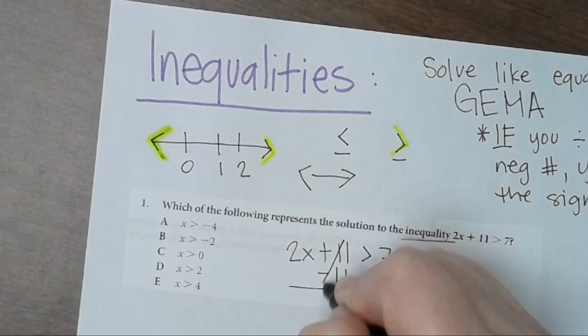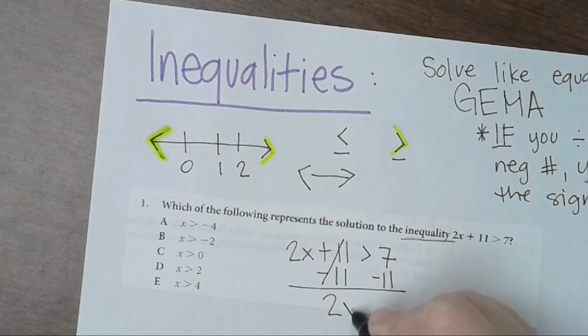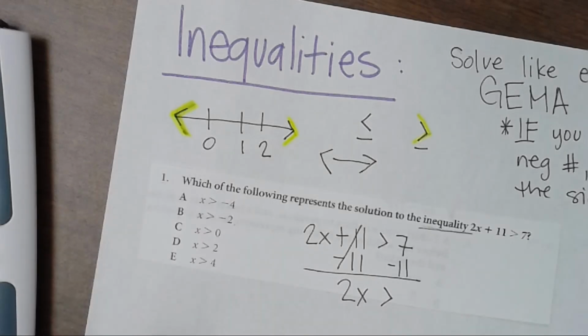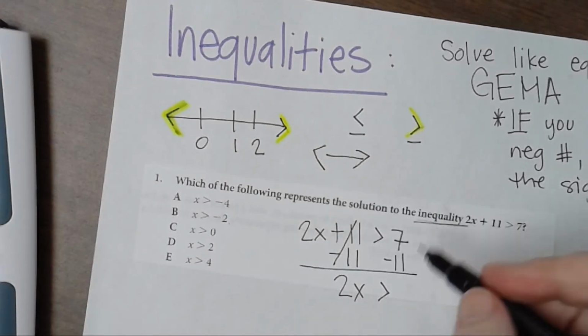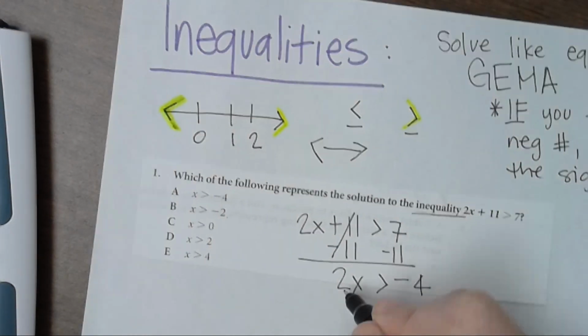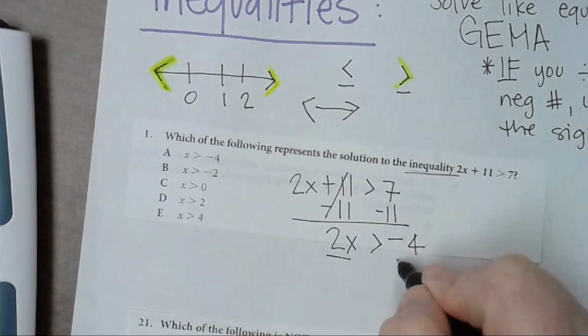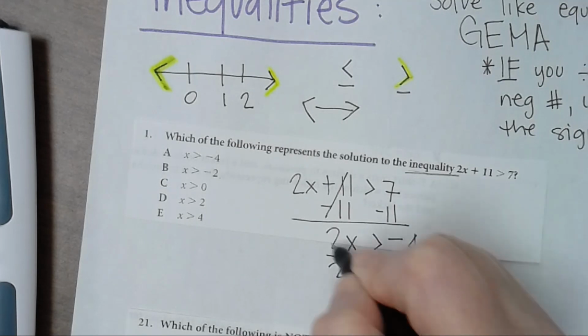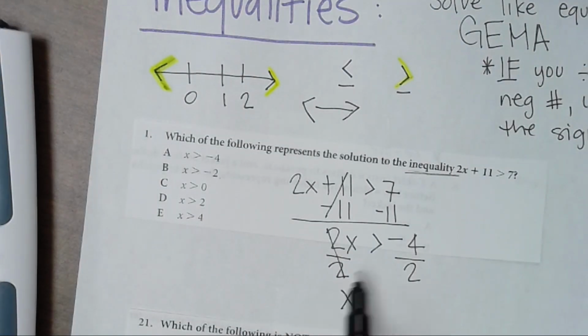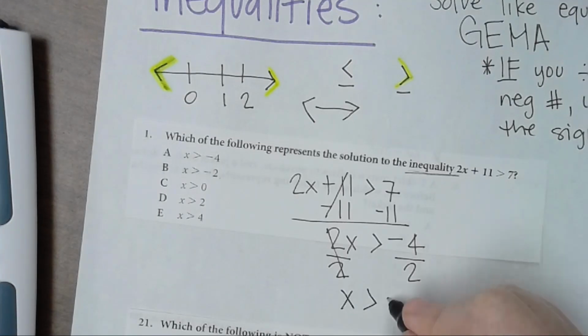That leaves me over here with 2x is greater than 7 minus 11, which is negative 4. Now we are going to divide both sides by 2, exactly what we're trying to get rid of. And we did not divide by a negative, so I'm going to keep the sign the same. x is greater than negative 2.